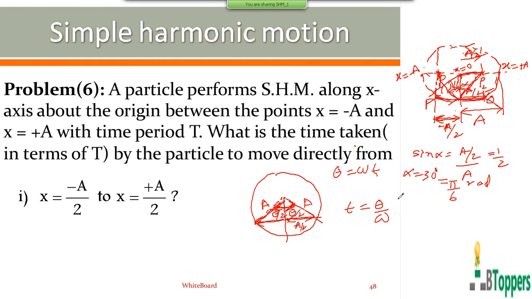So sin alpha, or sin theta by 2, equal to A by 2. So theta equal to 2 alpha. Omega can be written as 2 pi by time period. Now we can write alpha equal to pi by 6. So you get the answer as capital T by 6.